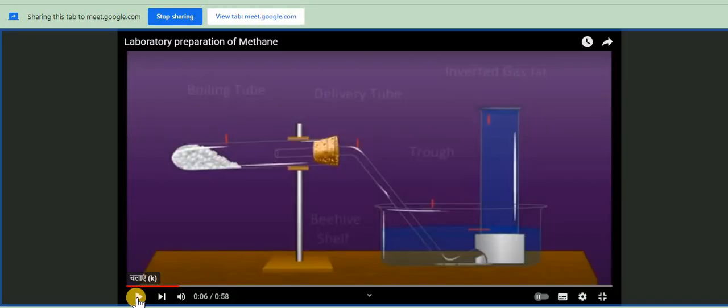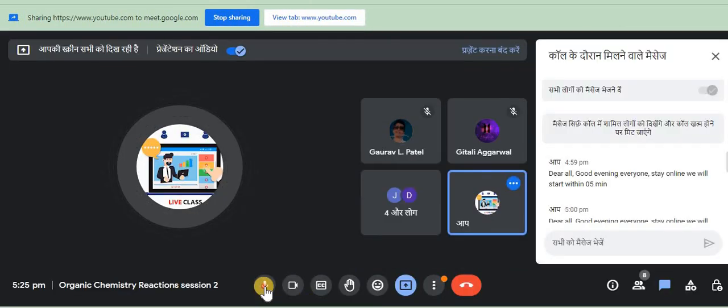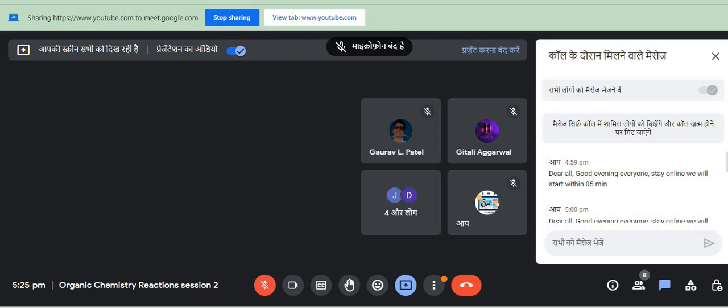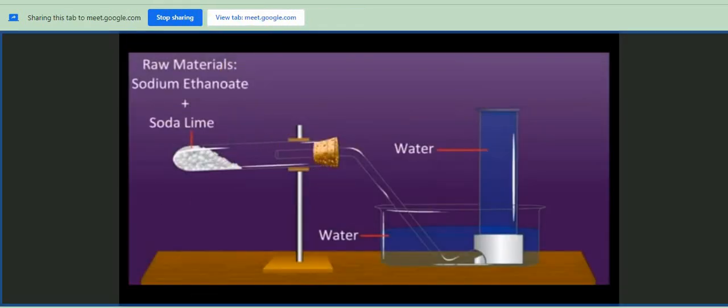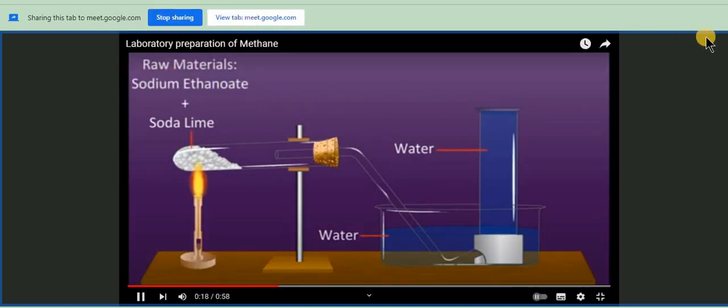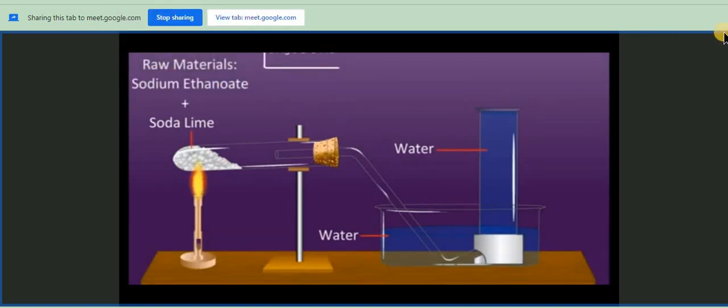Is used in the preparation of methane is shown on the frame. In the preparation of methane, firstly, sodium salt of monocarboxylic acid is heated with soda lime, a mixture of NaOH and CaO in the ratio of 3:1 at about 630 K. In this process, methane is formed.